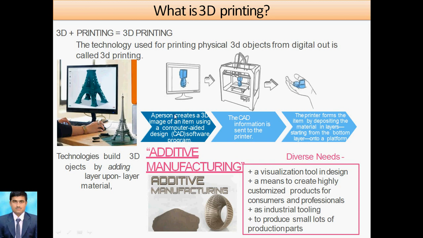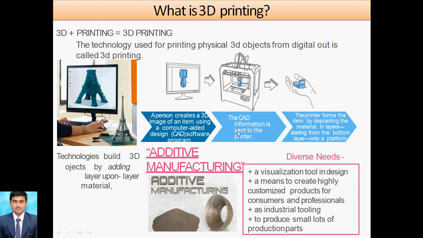For that purpose, a person can create a 3D image of a component using CAD software, and after that slice it with the help of different software like Cura, and then create the G code.